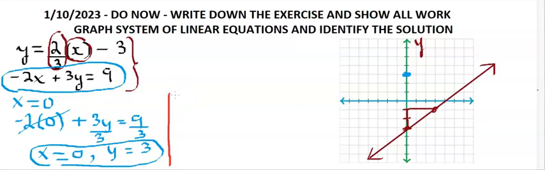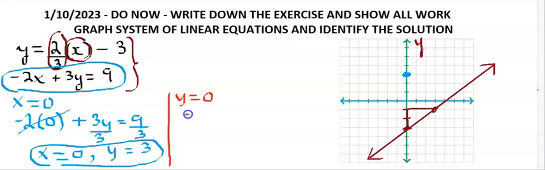The x-intercept means where it hits the x-axis, when y equals what? 0. So I'm going to make y equal to 0 and substitute 0 for y.